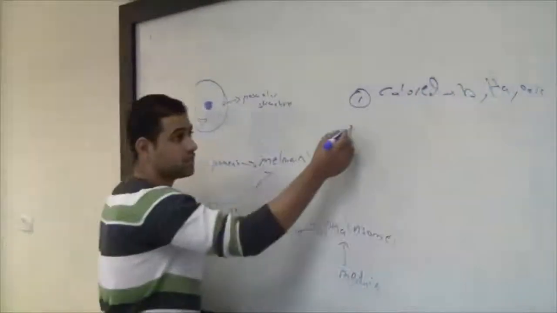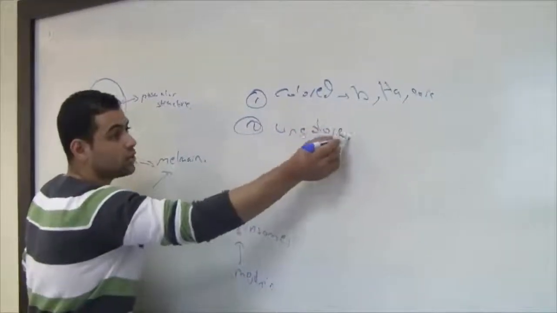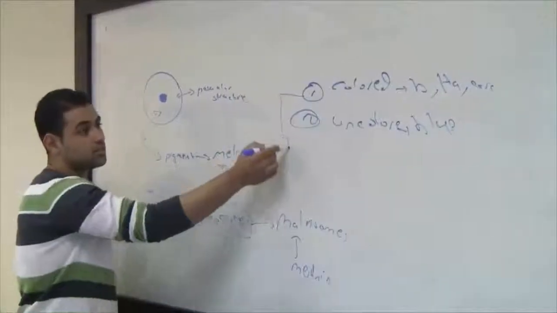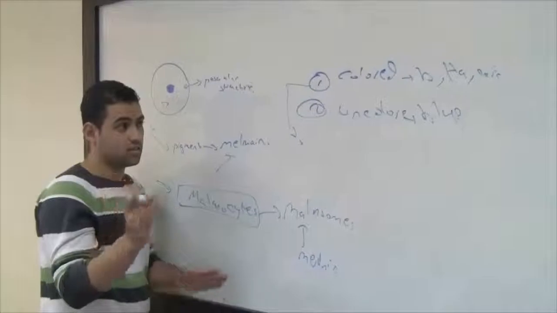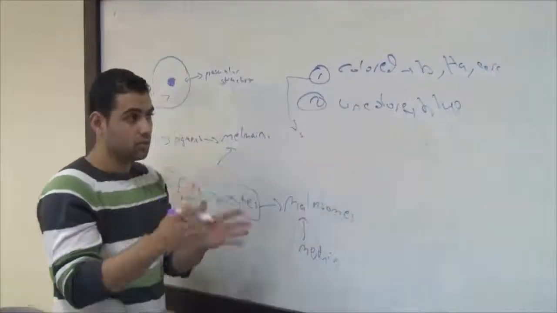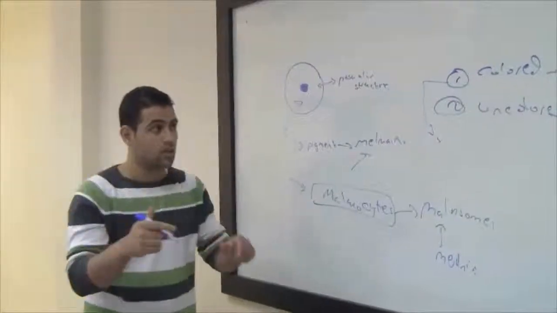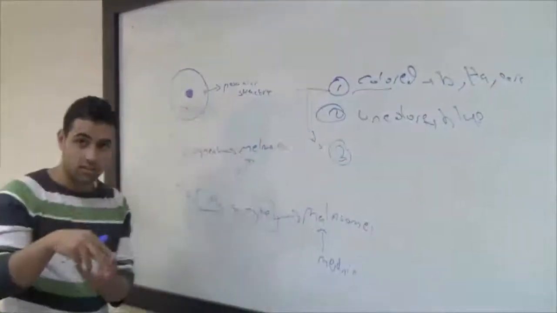And the other is the uncolored eye, which is the blue. The colored eye contains 3 layers, and the uncolored eye, blue, contains 2 layers, but in the colored eye we have a 3rd layer which contains the pigments.